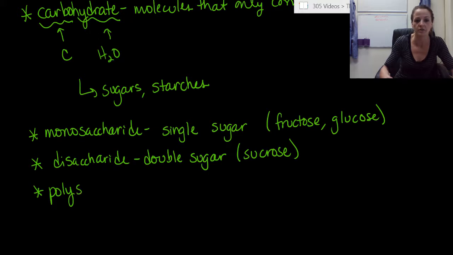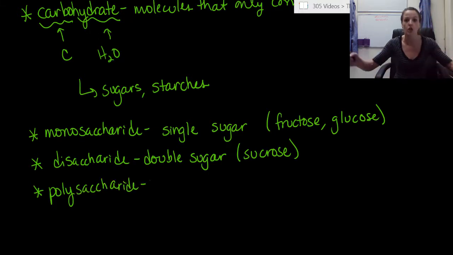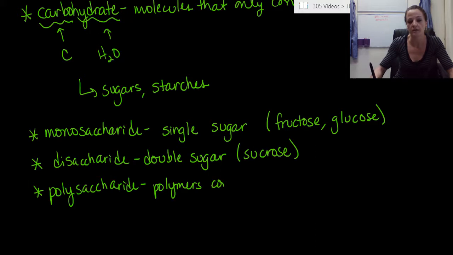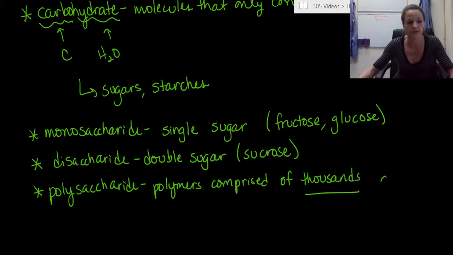So poly we've talked about before, that usually indicates some kind of polymer or a large molecule. And a polysaccharide is essentially the polymers that are comprised of thousands. Okay, thousands. We're not talking about 1, 2, 3, thousands of monosaccharide units.